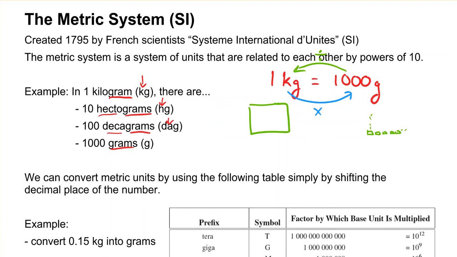You can think of 1,000 of these tiny little grams. That's what makes up a kilogram. And so just think about it this way. If we're converting from a big unit, a kilogram, into a small unit, we're going to need many of those small units. So the number is going to get bigger. It represents the same amount, but the number in front is going to get bigger.